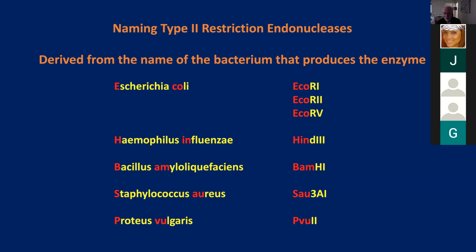R usually stands for the strain, and if there's anything else there, it further subdivides the source of the restriction enzyme. So Haemophilus influenzae makes HindIII. Bacillus amyloliquefaciens makes BamHI. Staph aureus makes Sau3A. Proteus vulgaris, PvuII. So that should demystify where the names of enzymes come from.